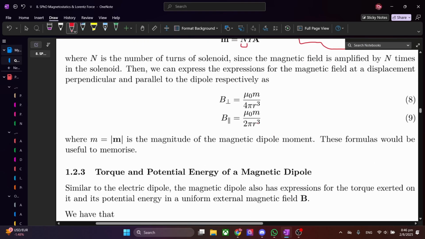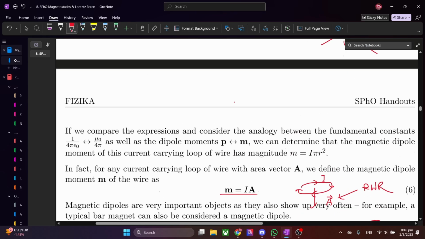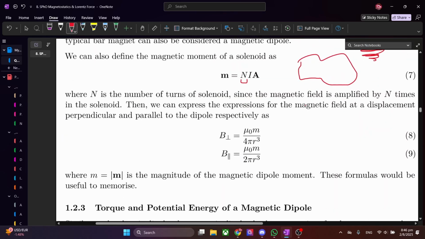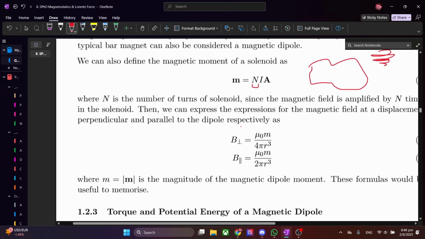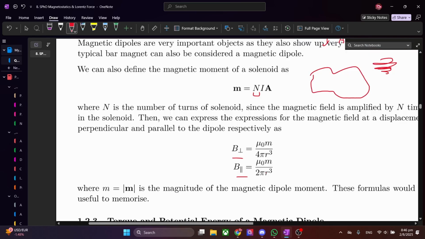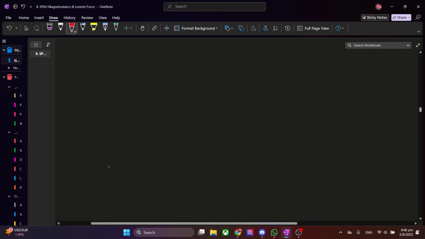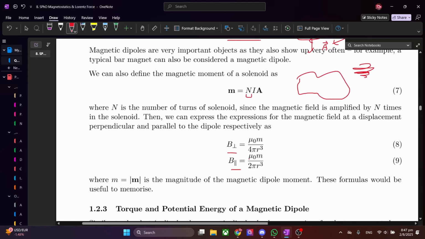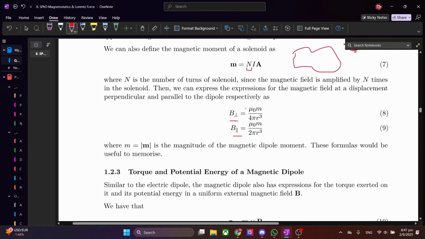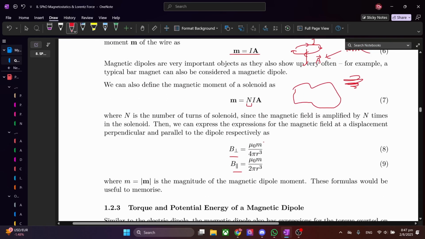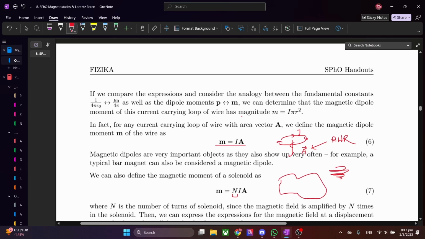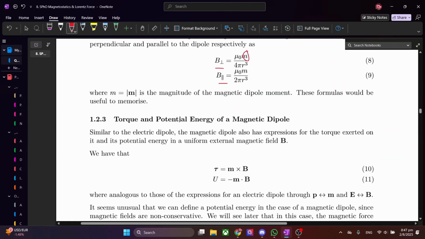And it turns out that as we derived previously, as well as in the previous electrostatics chapter, you have these perpendicular and parallel formulas for the magnetic field, and they take on this form where m is your dipole moment. So that's the notion of a dipole.